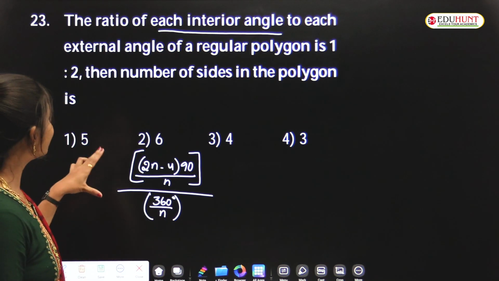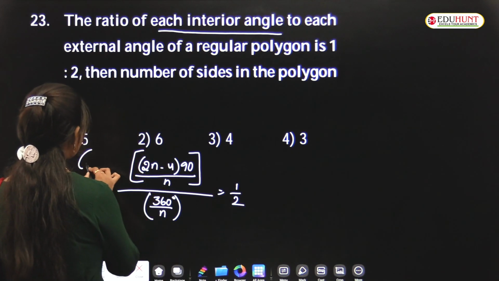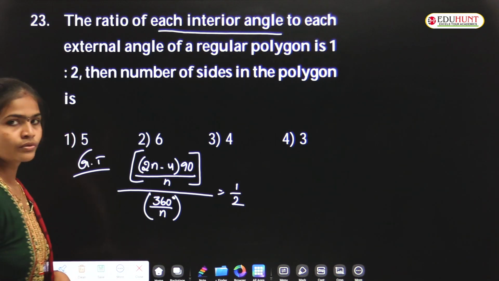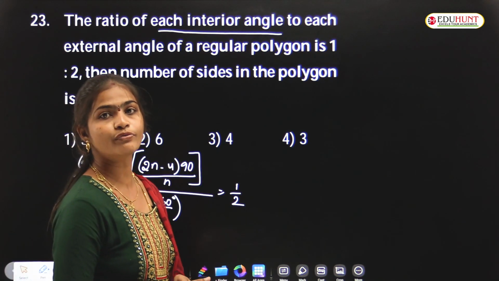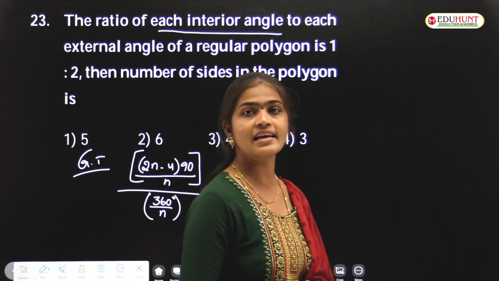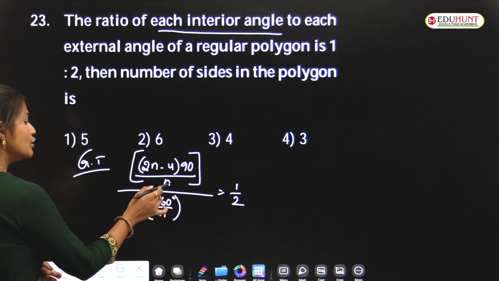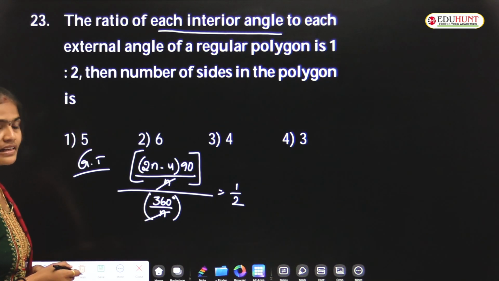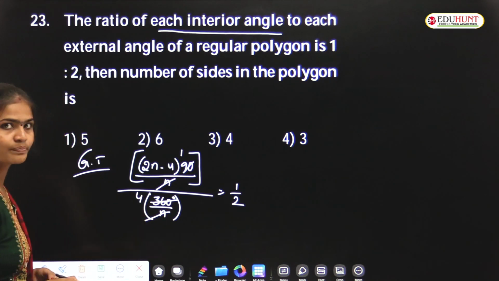Okay, now here its ratio is given, that is 1/2. So this is the given question. The ratio of each interior angle of a regular polygon to each exterior angle of a regular polygon is equal to 1/2. So here n and n get cancelled. Afterwards 9 ones 9, 9 fours 36.